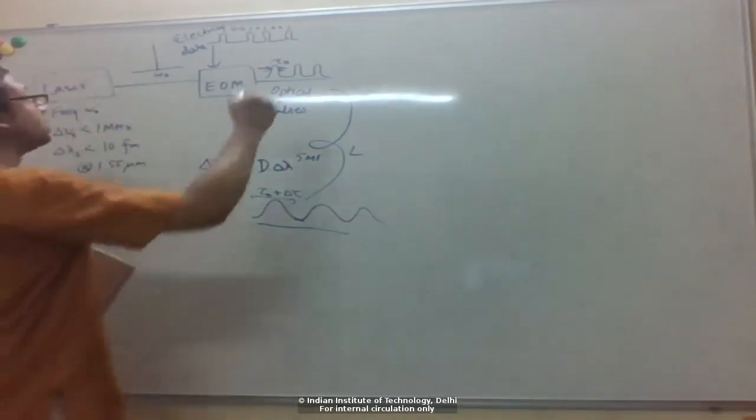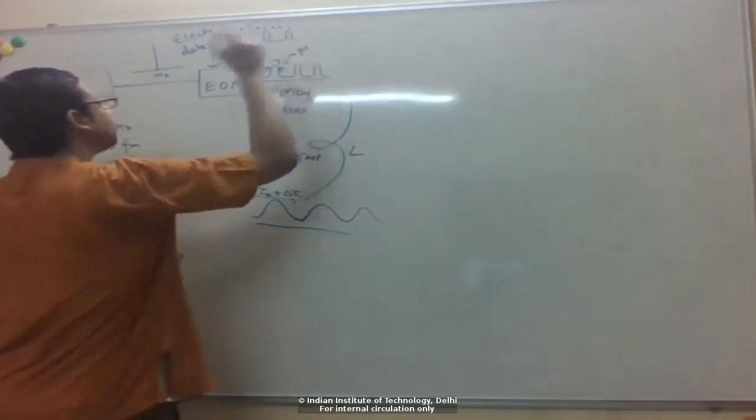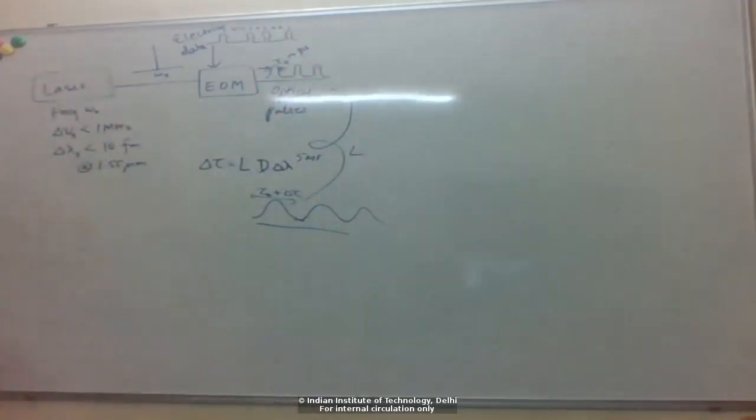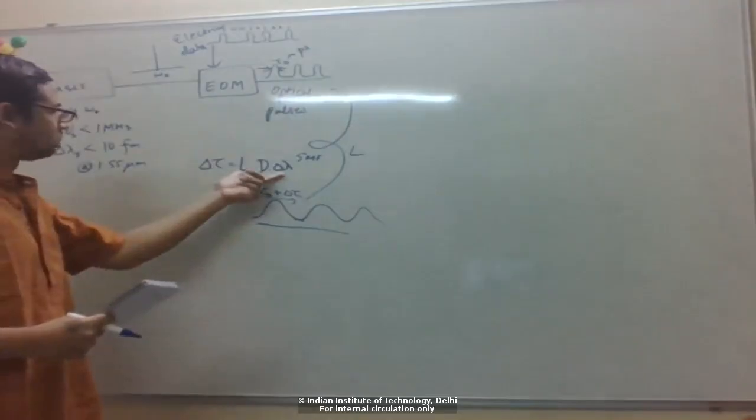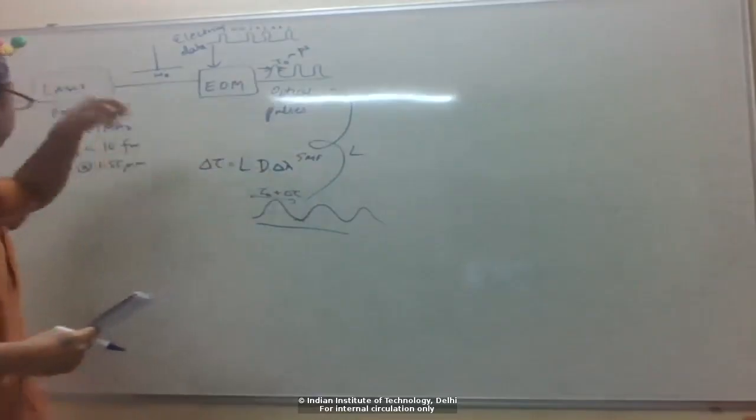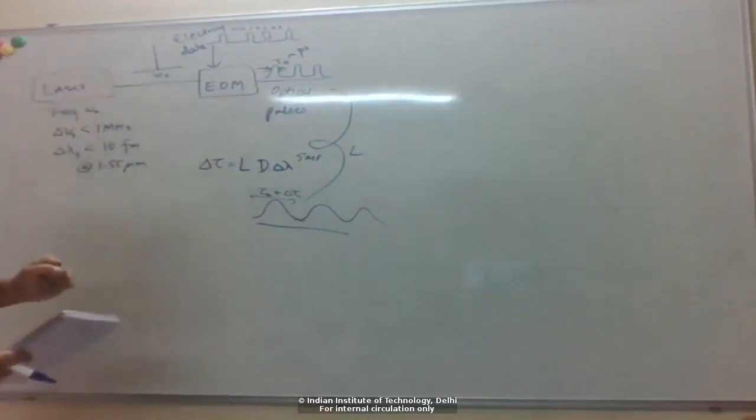Tau naught again is typically on the picosecond scale. So where is the broadening coming from when the source has basically 0 bandwidth?